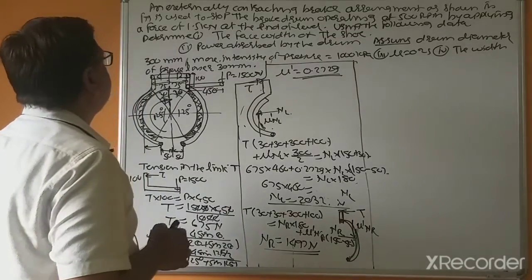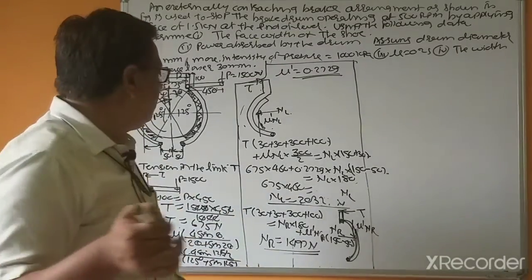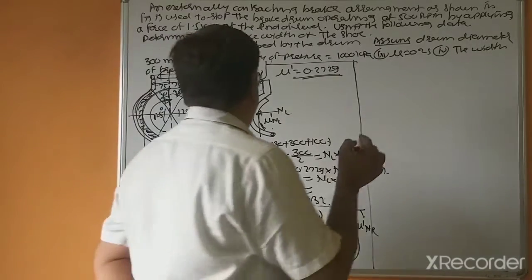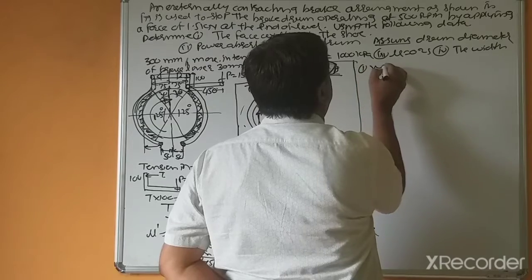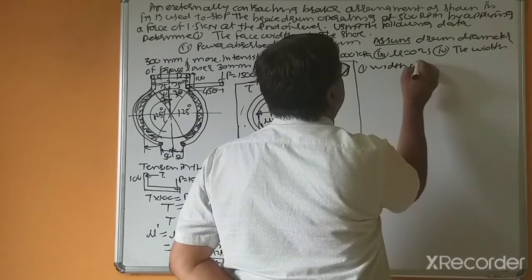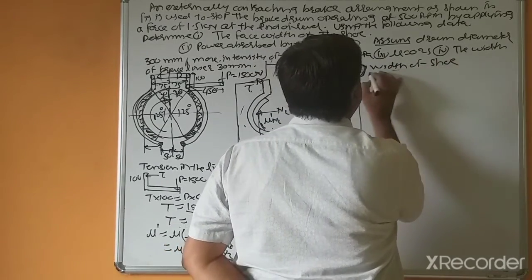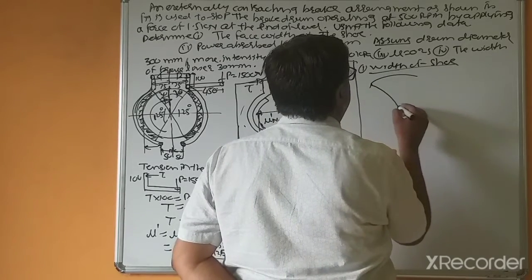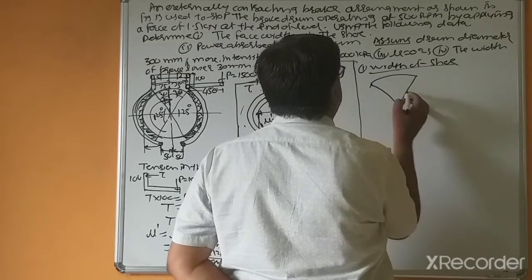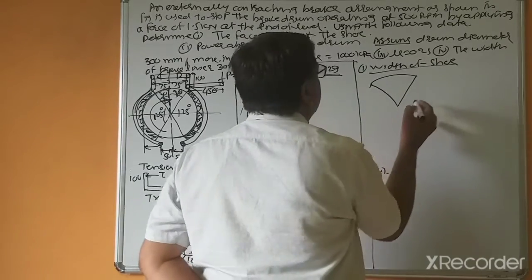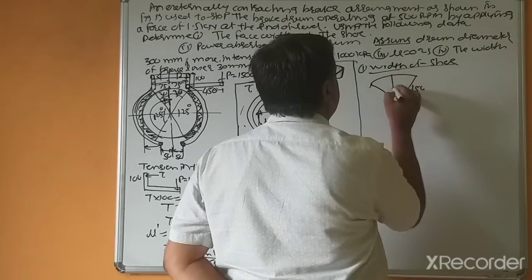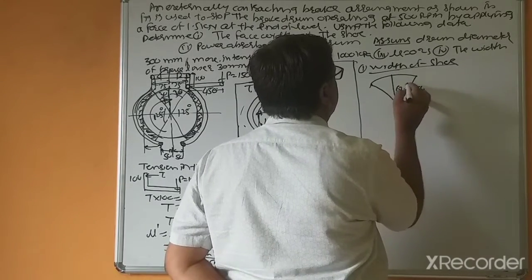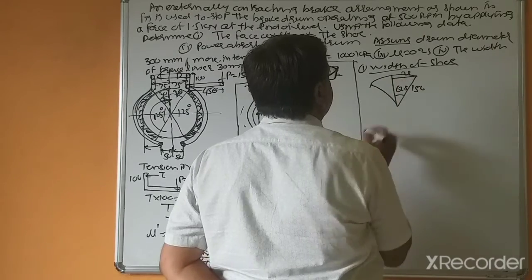So that's why the width of the shoe. So width of the shoe, let's say first bit, width of the shoe means we have to calculate this angle and this radius equal to 150. This angle is 125, so half is 62.5. Now this is suppose x.